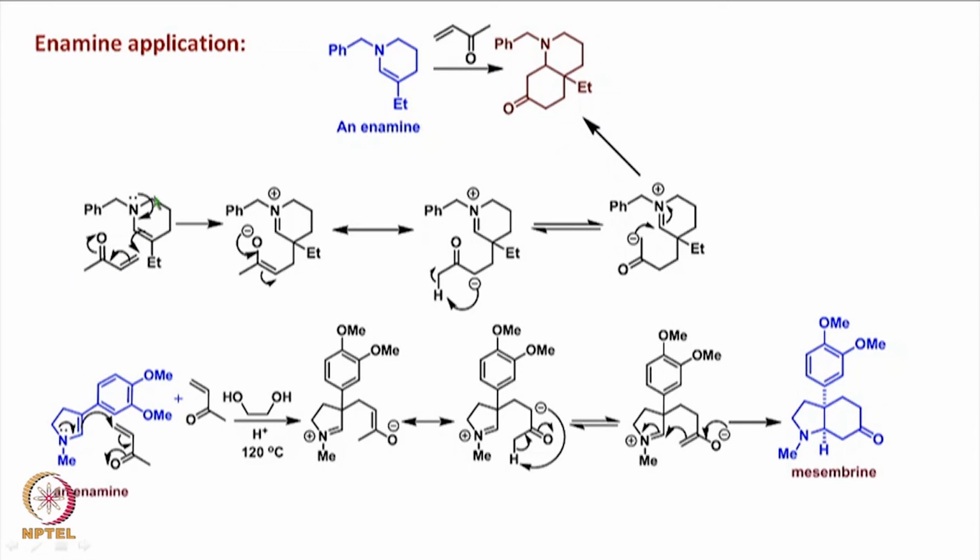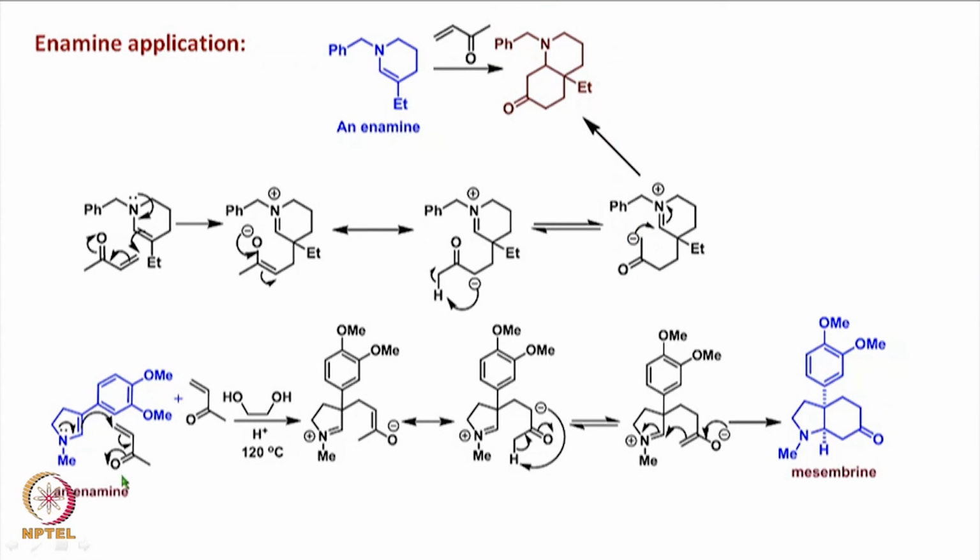This enamine reacts with the methyl vinyl ketone in Michael addition fashion to lead to the formation of this particular enolate, which is in resonance with the corresponding carbanion like this. This carbanion then picks up the proton from the other side of the carbonyl group and generates the anion here, and this anion then undergoes cyclization to form the bicyclic product.